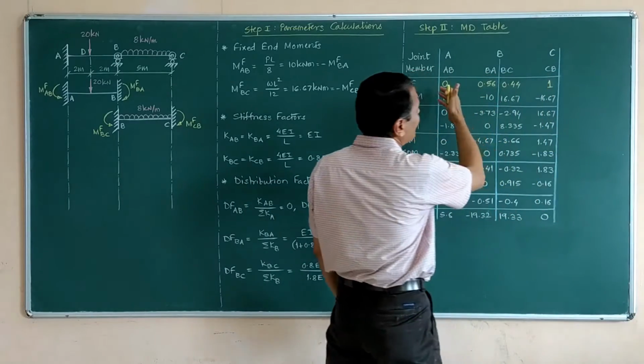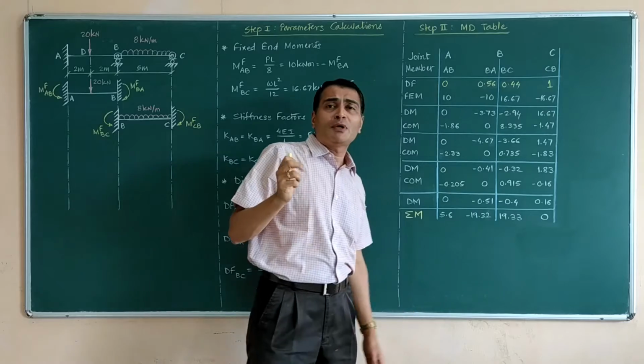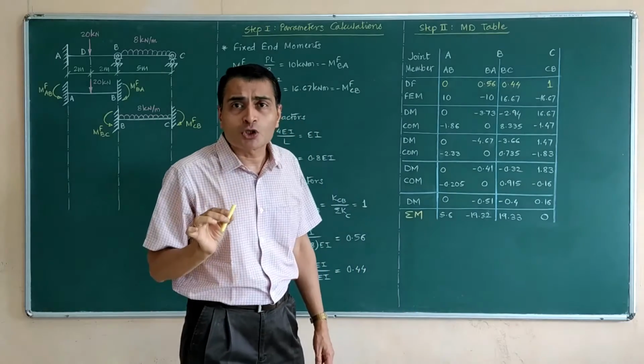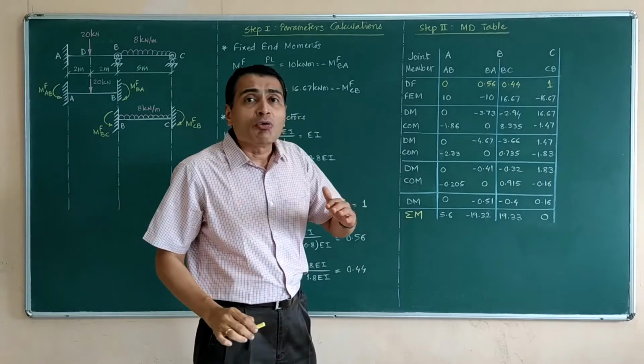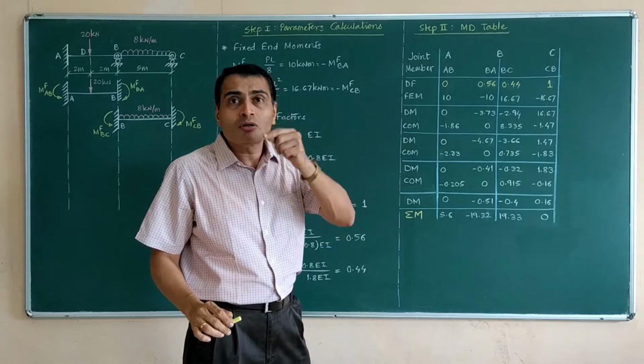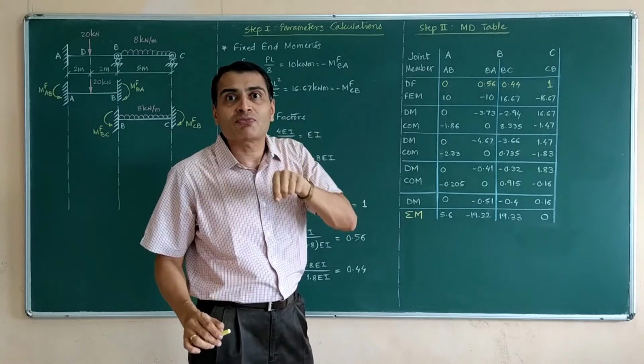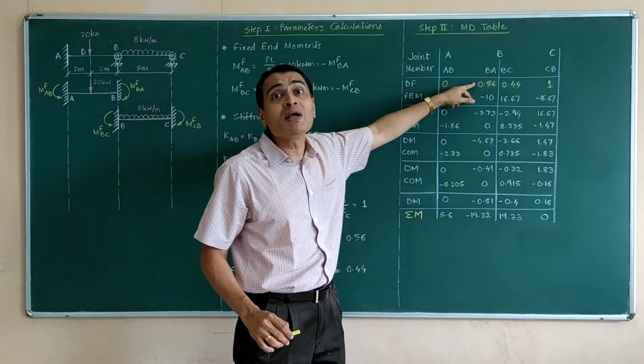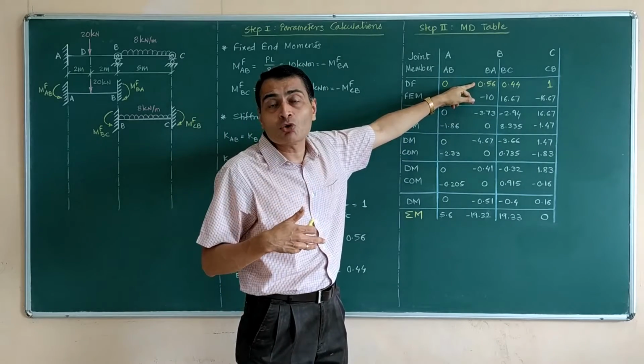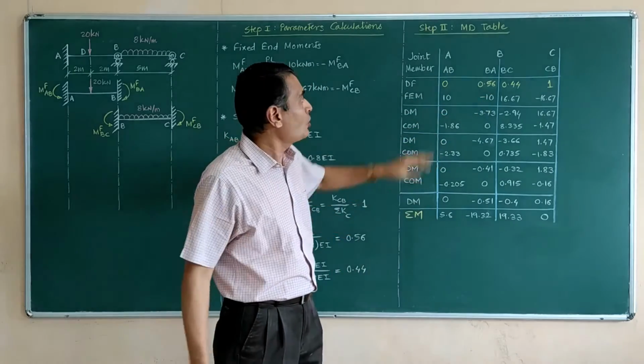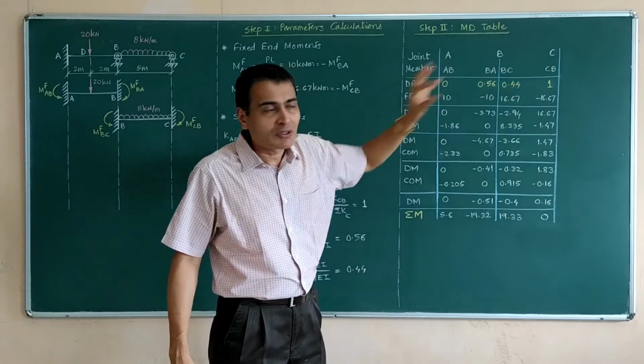So those distribution factors I have written, I have deliberately highlighted them with a yellow colored chalk so that when I start summing up, I don't make a mistake of counting that figure also. This is not a moment so that I am going to add this moment to my calculation. No. So I am using different colored chalk.